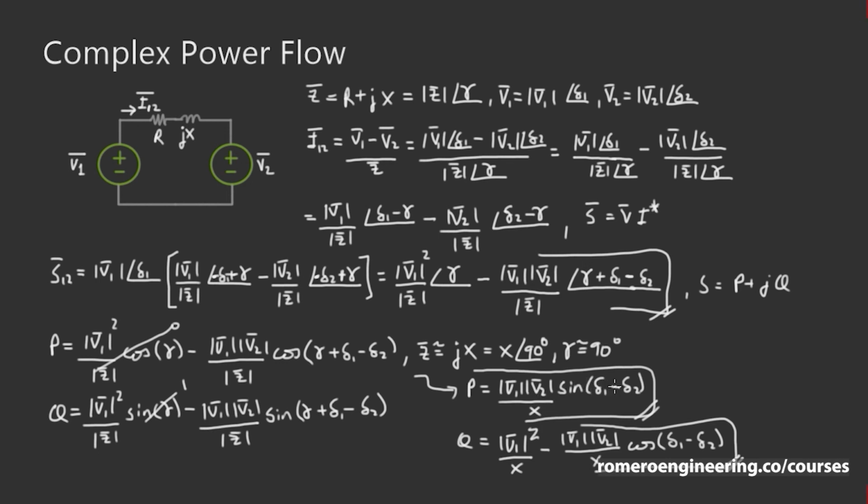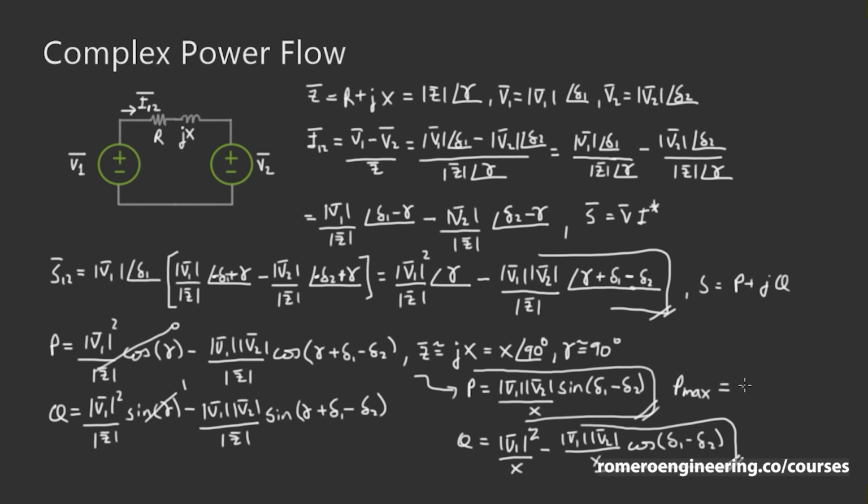but rather we can change the angles between them to control the real power flow. And now we can make also one more observation, and it is that the maximum power flow, P max, is going to occur when delta 1 minus delta 2 is equal to 90 degrees. Because if this is 90 degrees, then sine of 90 degrees is equal to 1, which means that that's the maximum possible value for the real power.